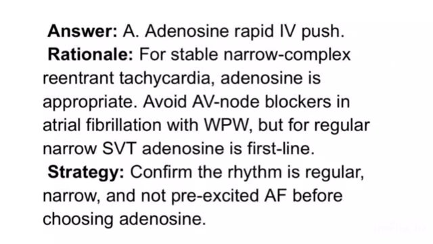Answer: A. Adenosine rapid IV push. Rationale: for stable narrow complex reentrant tachycardia, adenosine is appropriate. Avoid AV node blockers in atrial fibrillation with WPW, but for regular narrow SVT adenosine is first line. Strategy: confirm the rhythm is regular, narrow, and not pre-excited AF before choosing adenosine.